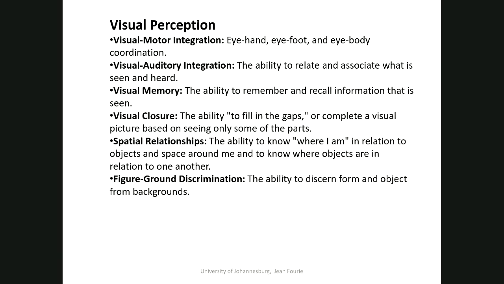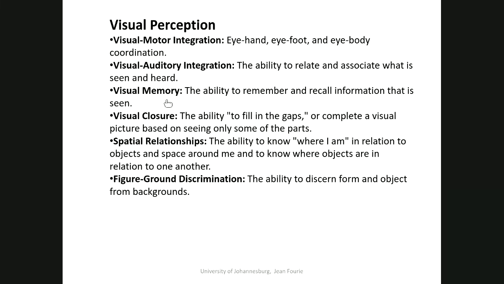Okay, so for us as educators, particularly when you are dealing with children in early childhood development, foundation phase or intermediate phase, there are a lot of terms that educators use, and they speak about these things that all relate to the sense of visual perception.